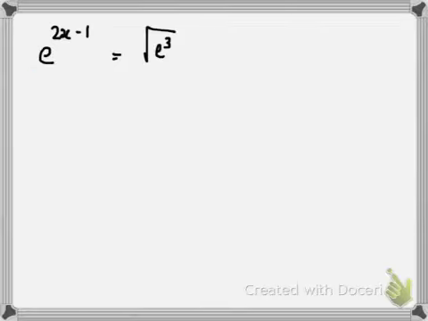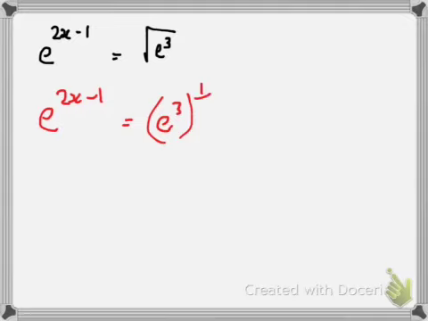Another equation: e to the power of 2x minus 1 equals the square root of e cubed. So we can make that e to the power of 2x minus 1 equals e to the power of 3 raised to the power of a half. Remember, square root and the power of a half are the same thing. If I remove those brackets now, e to the power of 2x minus 1 equals e to the power of 3 on 2.